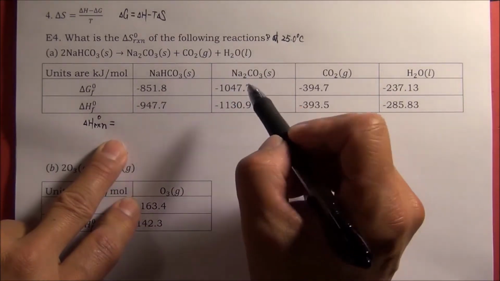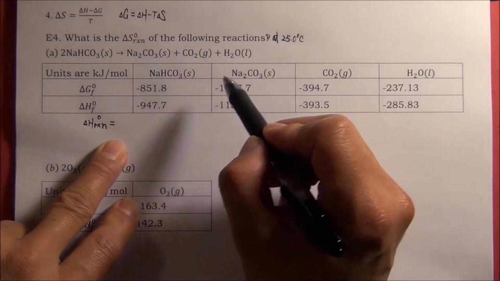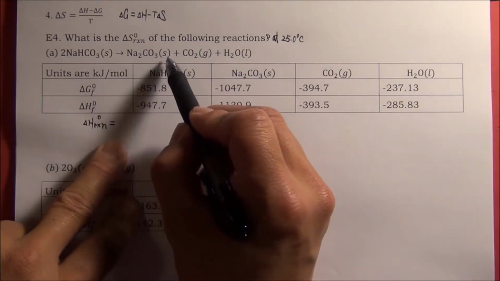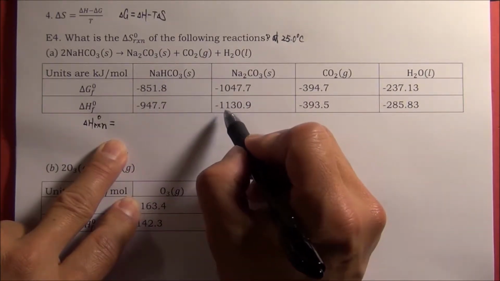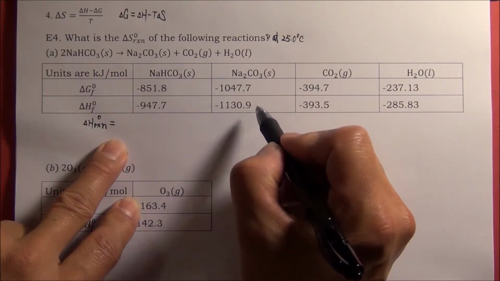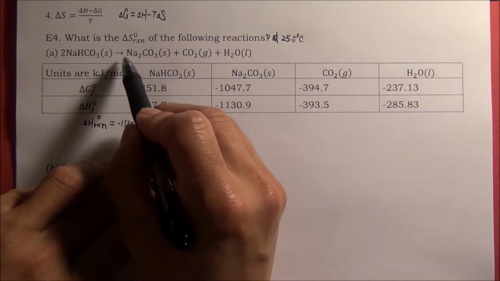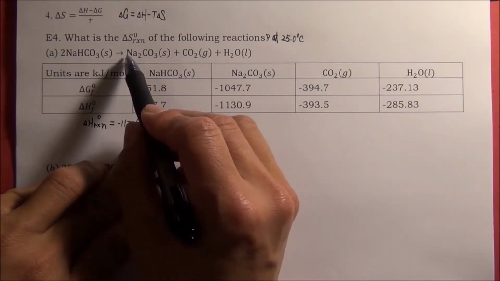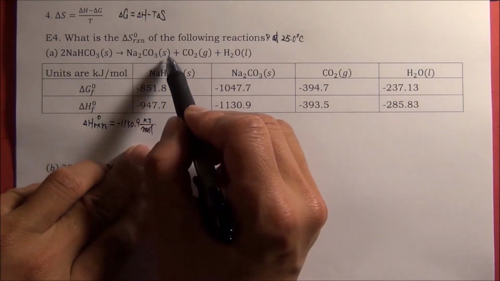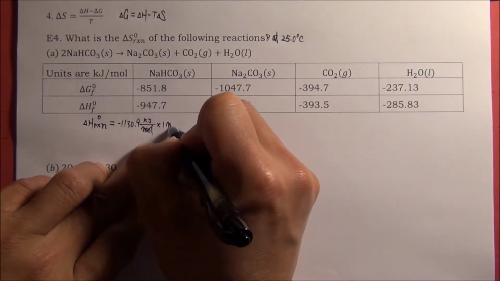From the table, we find the standard enthalpy of formation of sodium carbonate solid is negative 1,130.9 kilojoule per mole. The coefficient in the balanced chemical equation for sodium carbonate solid is 1, so we multiply by 1 mole.